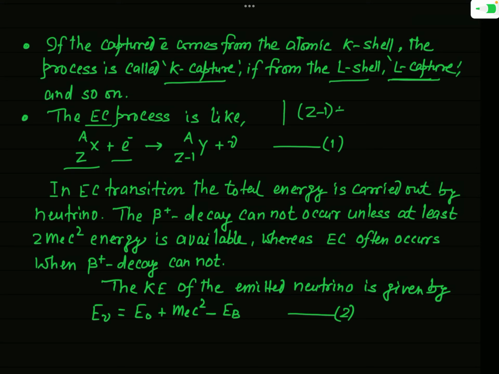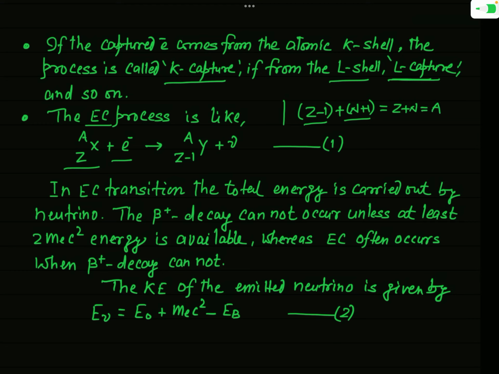On the other hand, the number of neutrons is increased by 1, so this will become n plus 1, and so the total number of nucleons in the daughter nucleus will be Z minus 1 plus n plus 1, which is simply equal to Z plus n, and that is equal to A.